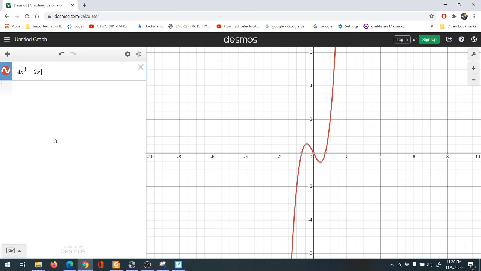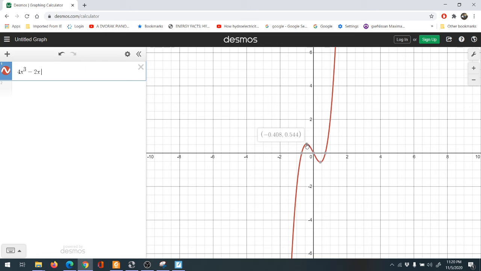This is the function 4x to the third minus 2x. And as you see, we have here two different points. We call these critical points. This is negative square root of 1/6, and this is positive square root of 1/6.